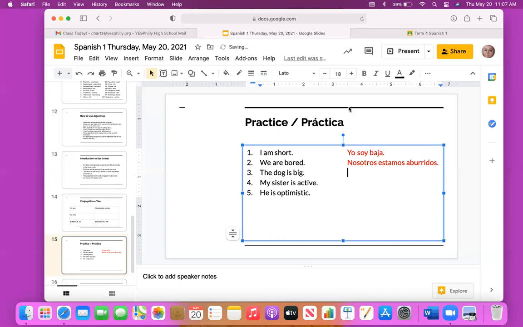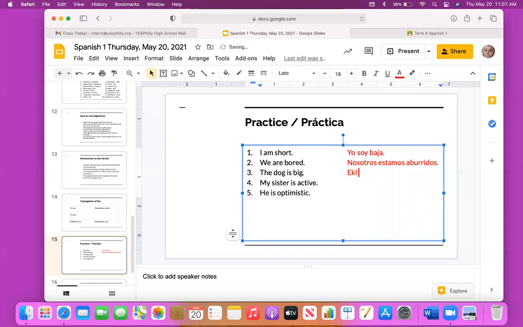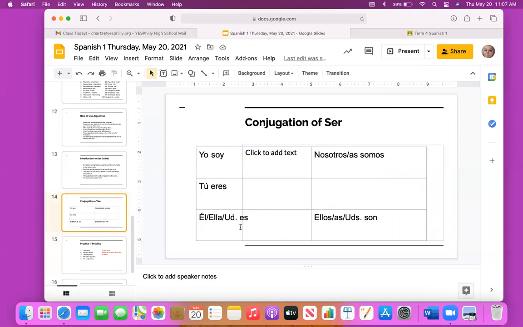Okay. So for the next one, we have the dog is big. So we have, and being big, like he's big. So that's a physical description, right? So that's going to use ser, right? Because that's a permanent thing. So the dog, he or she is, right?